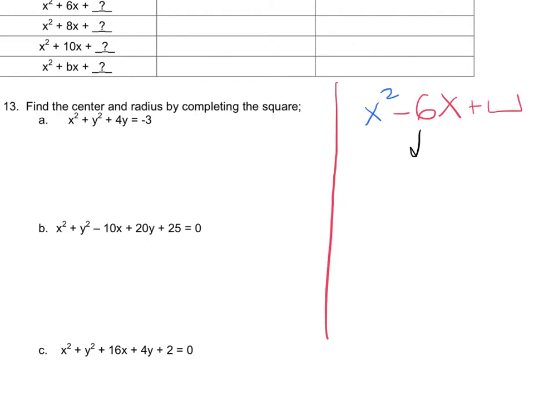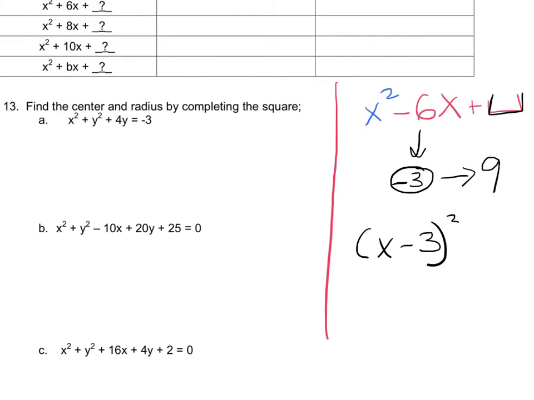The b, you divide it by 2, you get negative 3. So that's why it's x minus 3 to the power 2. I will directly know the factored form of it. Then to know what to add, you square this, so you get 9, and you know that 9 should be added over here.